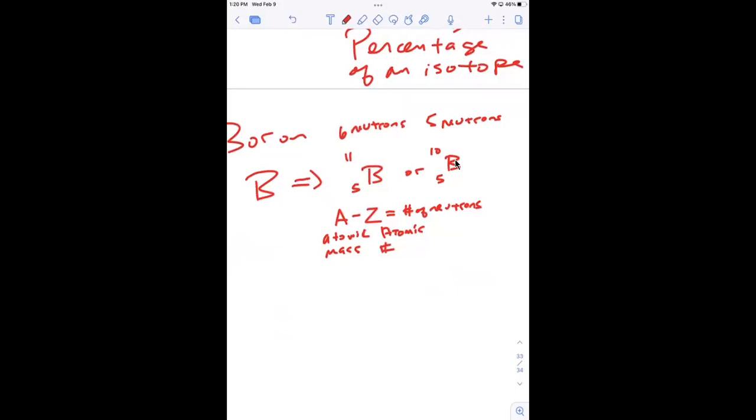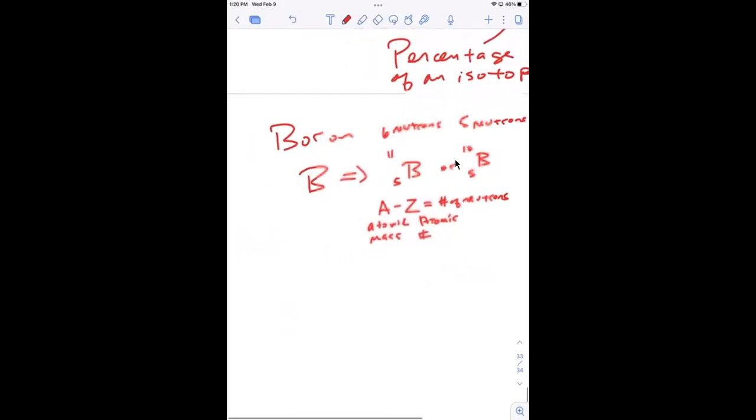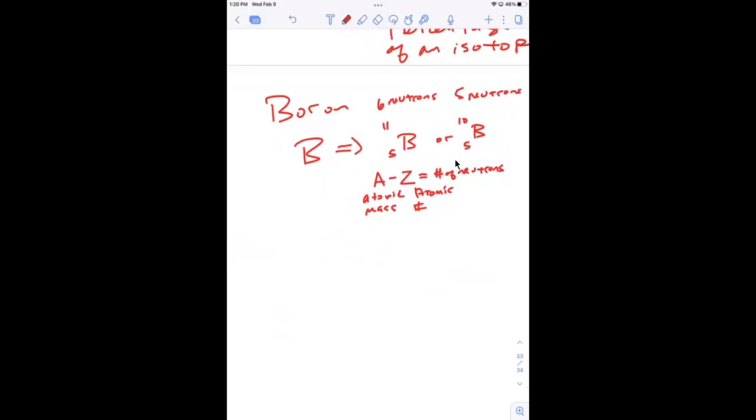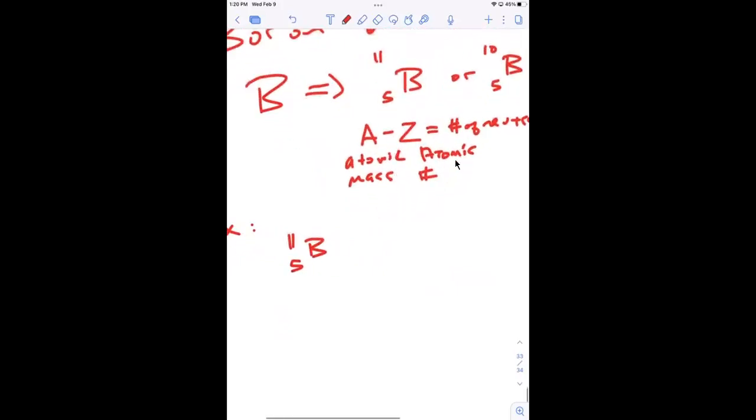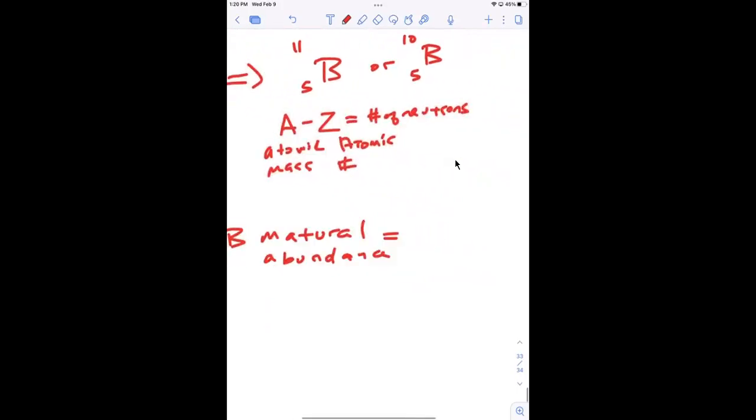All right. So here's the question. We're going to do an example with boron. Boron 11 has a natural abundance of 80.1%.